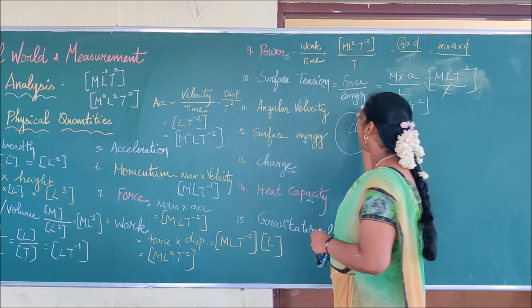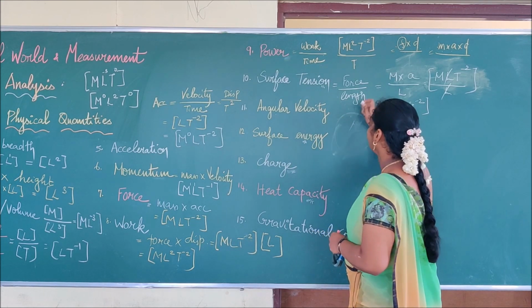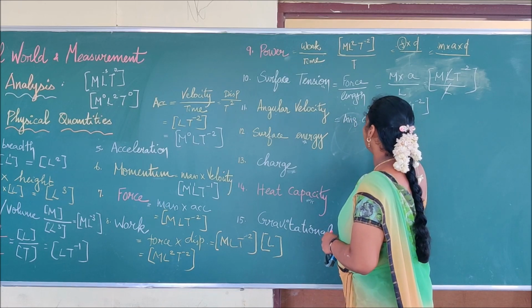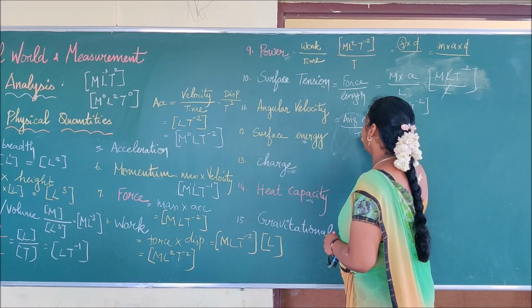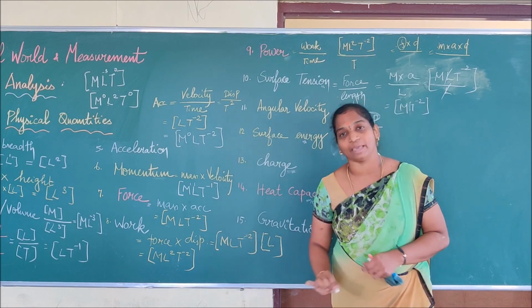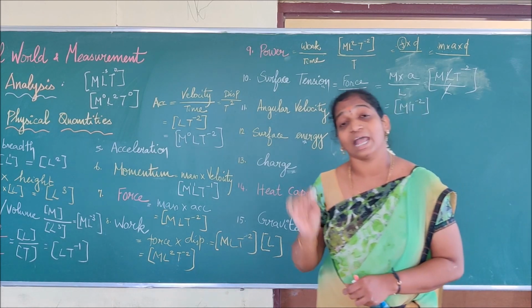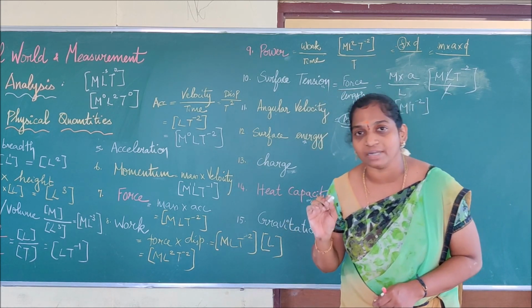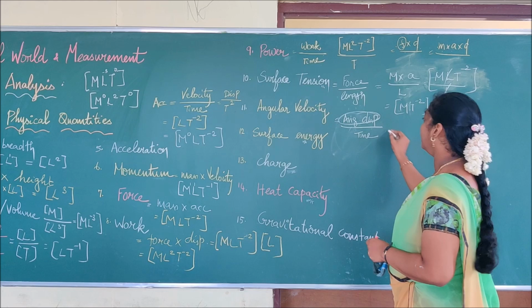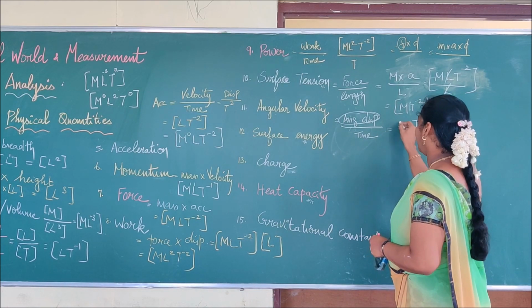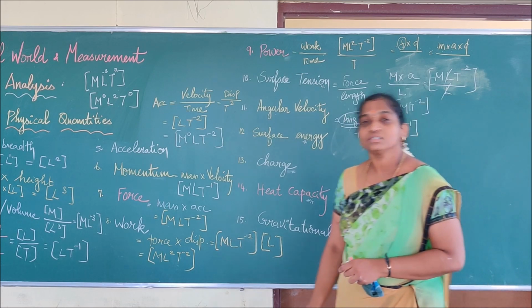So angular velocity is nothing but angular displacement by time taken, and that angular displacement has no unit in dimensions. Its unit is radian, but it has no dimensional value. Therefore, the dimensional value is only time taken, and we say t power minus 1. Is it clear to you?